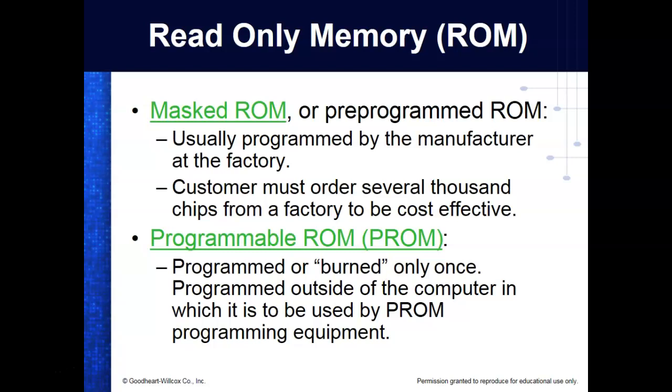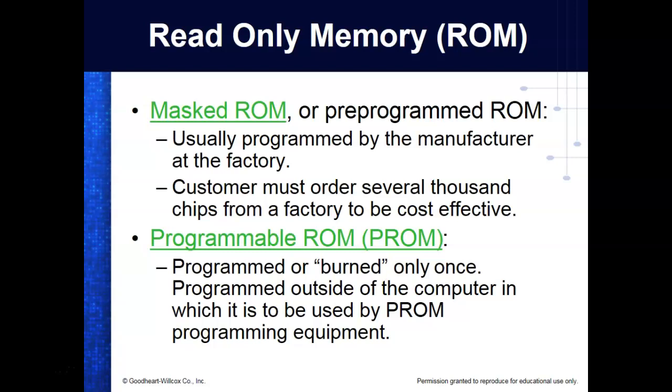A microprocessor does one thing. What does it do? Run programs. And so our programs are going to be stored in a non-volatile memory inside here. So we have mask ROMs, which we don't see much anymore.